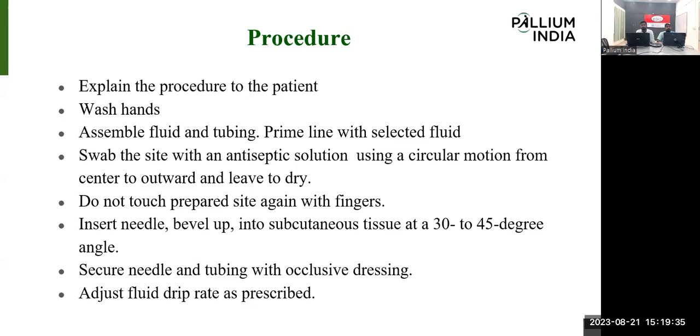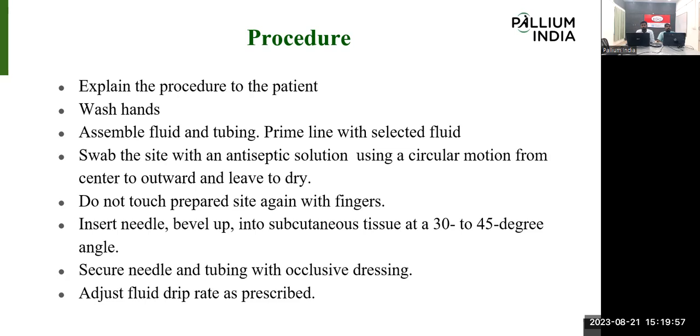Then the first step is hand washing, which is very important. Then we set everything: assemble any fluid, fixed fluid and the tubings, prime the line, anything we need to set. Then, if we choose the left lateral aspect of the upper arm, we select the site.